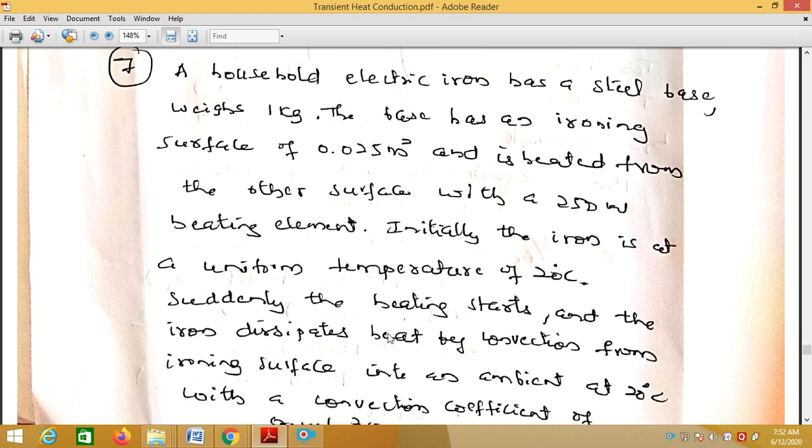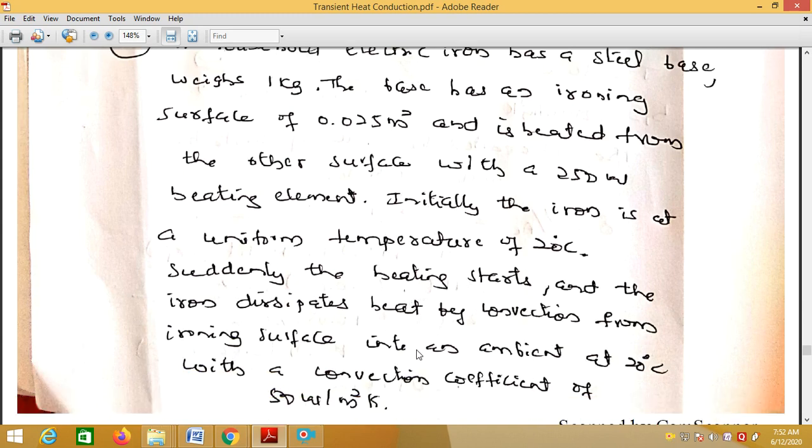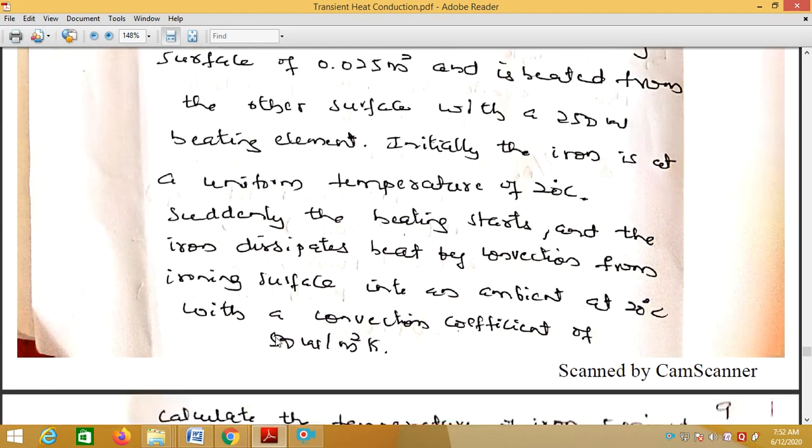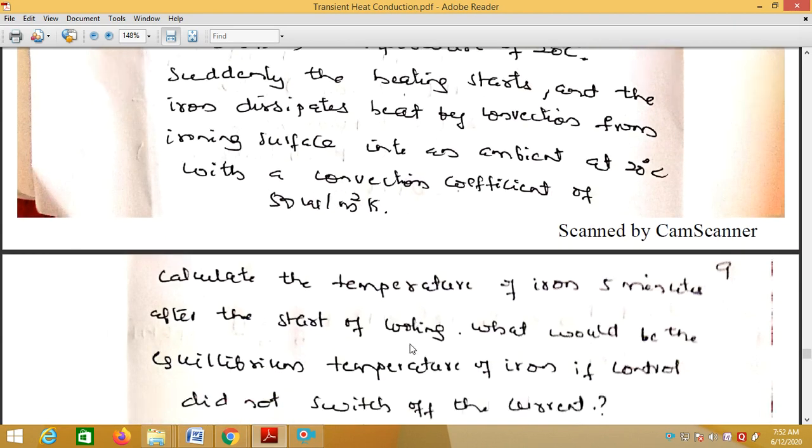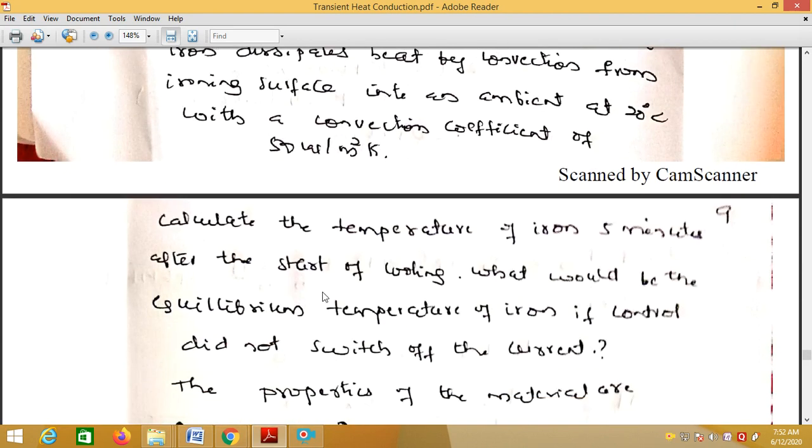Suddenly heating starts and the iron dissipates heat by convection from the ironing surface into an ambient at 20 degree centigrade with a convection coefficient of 50 watt per meter square Kelvin. Calculate the temperature of the iron 5 minutes after the start of heating. And what would be the equilibrium temperature of the iron if the control did not switch off the current?